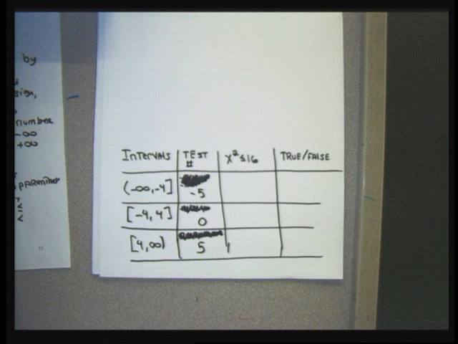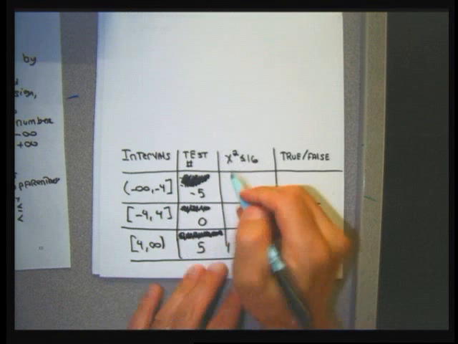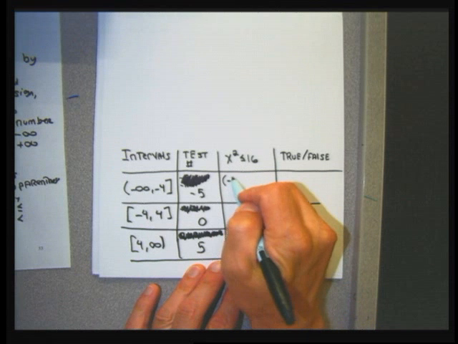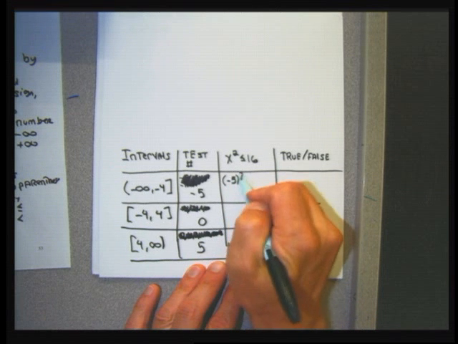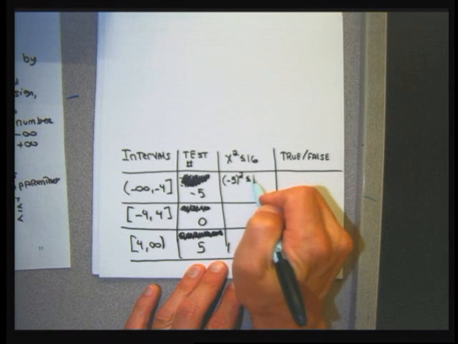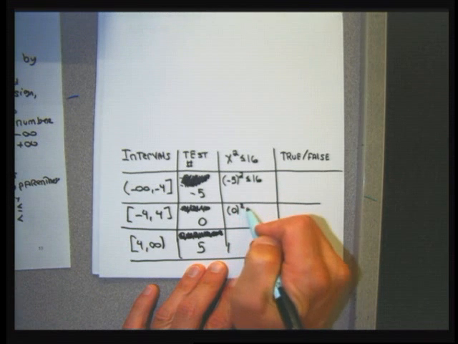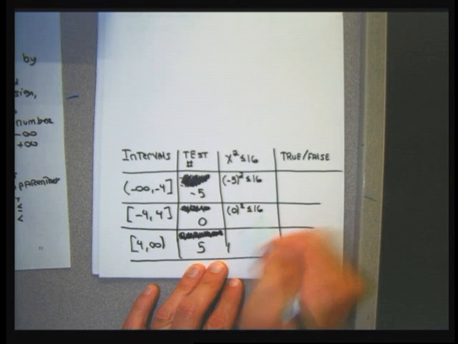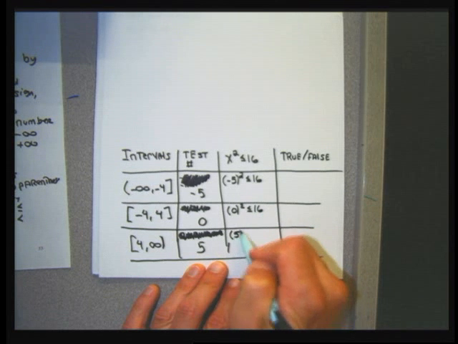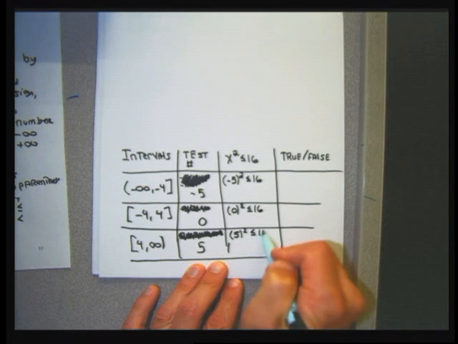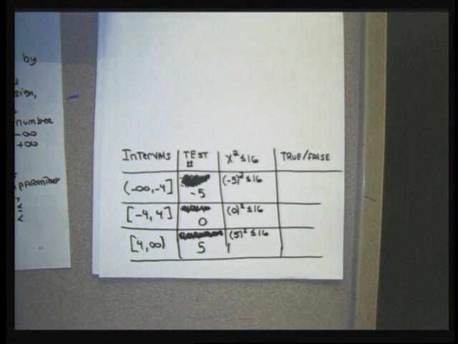Now what I need to do with the test number is plug it into the original problem. So I'm going to go negative 5 squared is less than or equal to 16, and 0 squared is less than or equal to 16, and positive 5 squared is less than or equal to 16. It's not enough to do that.